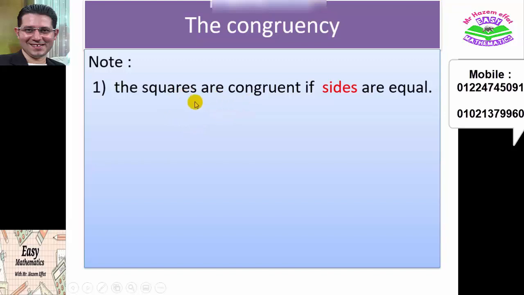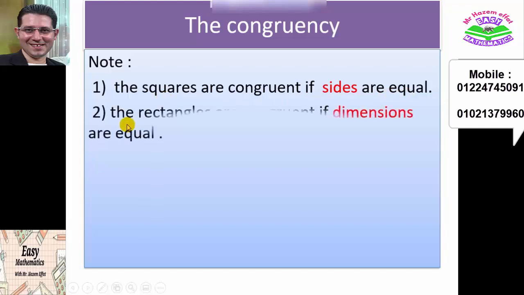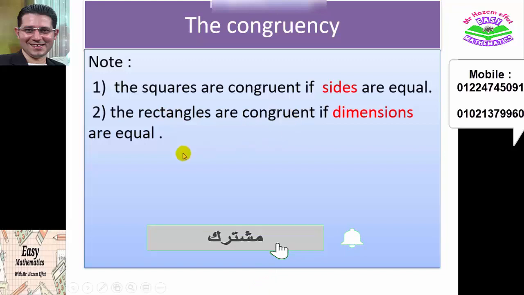So when we say squares are congruent, we just talk about the sides. If the sides are equal, then the squares are congruent. Also, rectangles are congruent if the dimensions are equal, because every rectangle also has 4 right angles. So when we talk about congruent rectangles, we must talk about the dimensions. If the dimensions are equal, then the two rectangles are congruent.